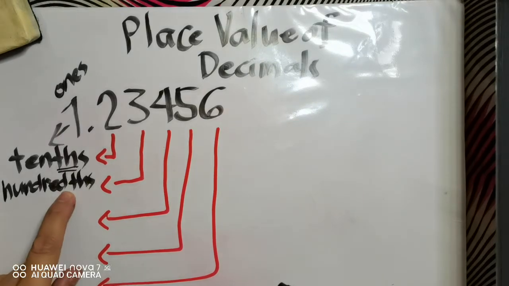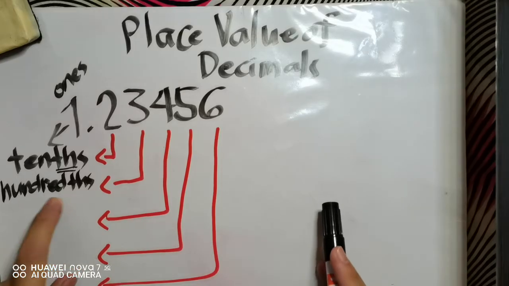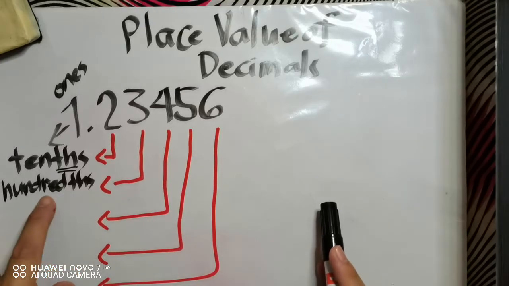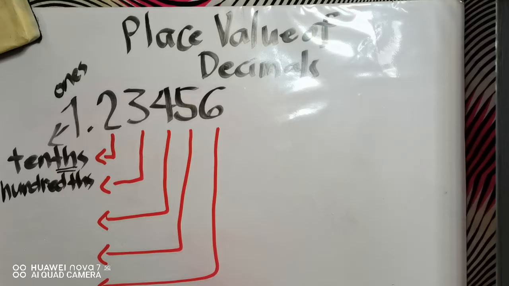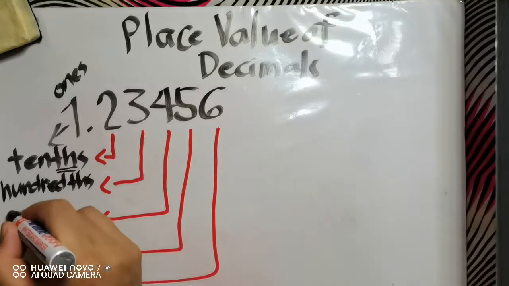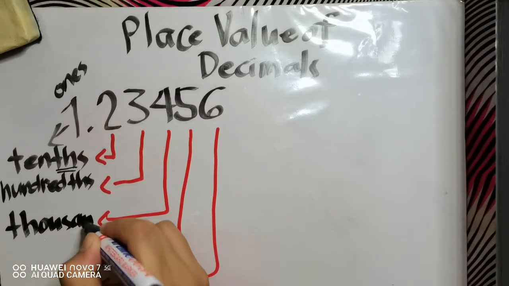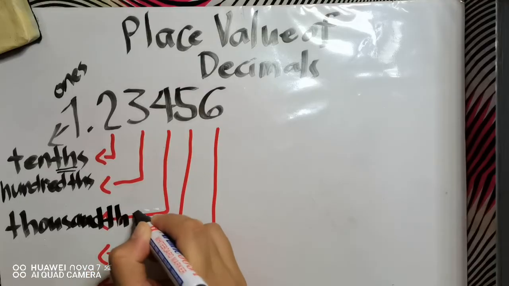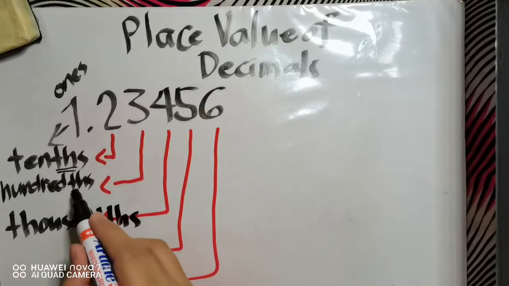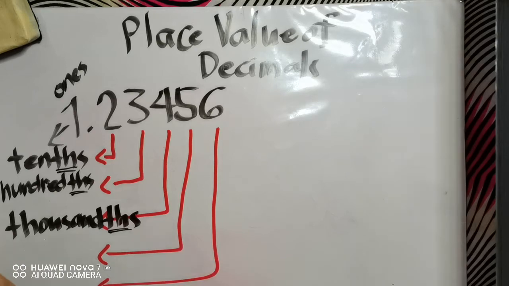We do not read the letter D in the hundred. So, we read it as hundredths. Wala yung silent D. Okay. The next one is thousandths. Again, take note of the spelling. Meron tayong ginagamit na TH and then yung S yung nasa dulo. Okay?